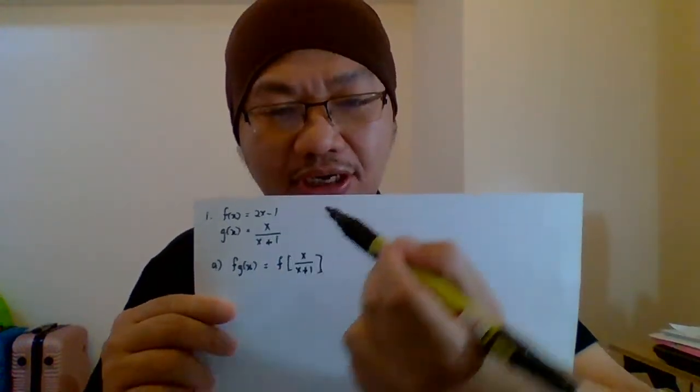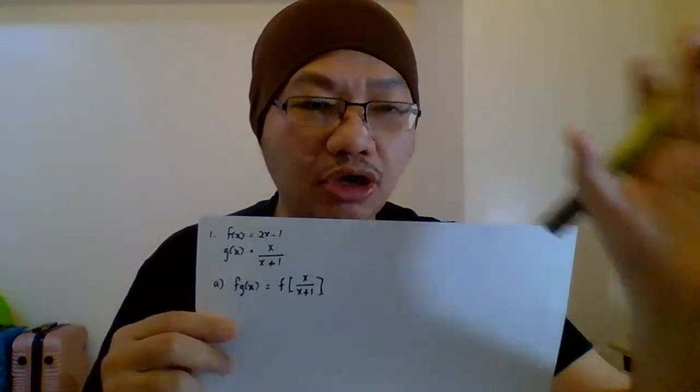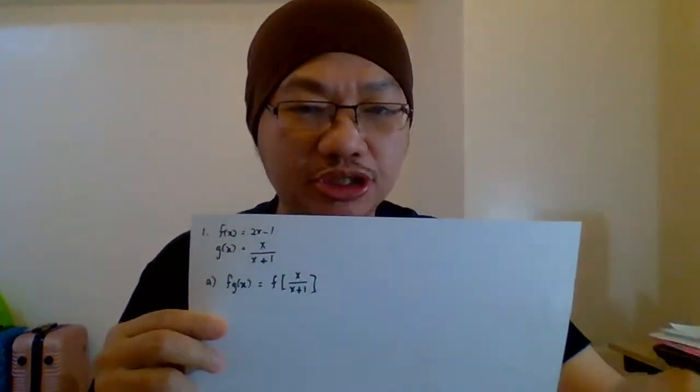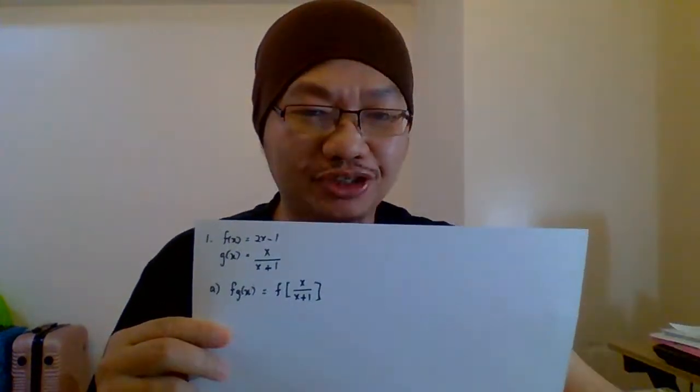We insert. If you still remember, I told you that when we talk about composite function, it's all about inserting the function into another function, not expanding the function. That's the difference. So when we insert g(x) into f, it will become 2 minus 1.